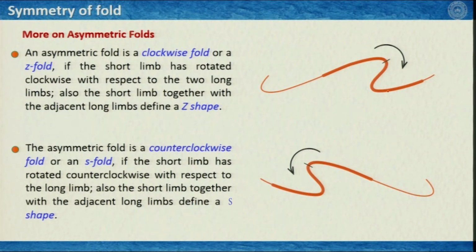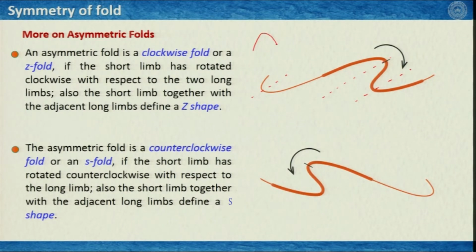Clearly, this folded layer that we see here, the trace of this folded layer, in a profile section, is an asymmetric fold because it does not have any plane of symmetry. If I draw like this, these dotted lines are not planes of symmetry. Now, what is happening?